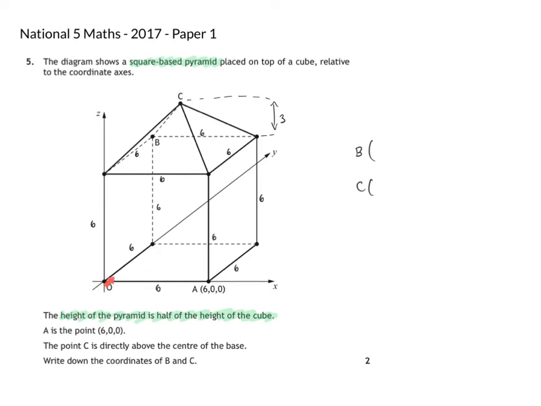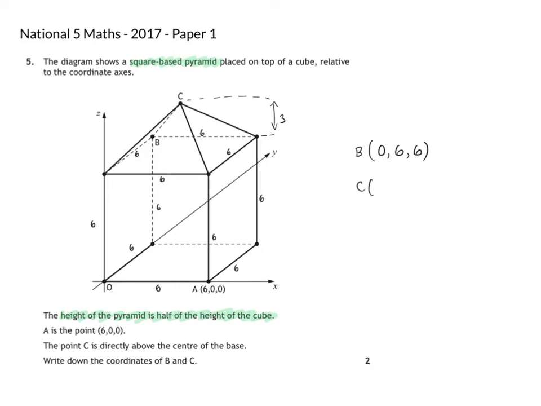So we've not gone anywhere in our x direction, so that x coordinate will be 0. We can see that to go to B, we've gone back 6, so this is our y direction here. So we've gone back 6 to there, so that tells us that our y coordinate is 6. And our z direction is going up the way, and that gets us to 6 as well, so we get 0, 6, 6 is where we go to for B.